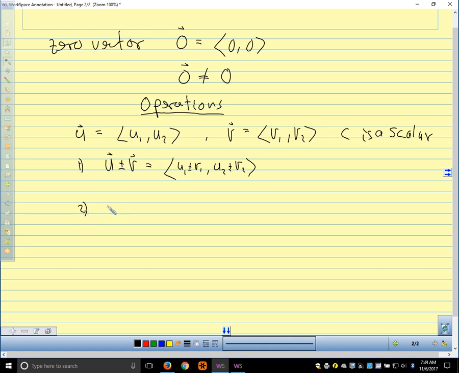Scalar multiplication. c times u. We just multiply each component by the scalar. And what we get multiplies the magnitude by c.